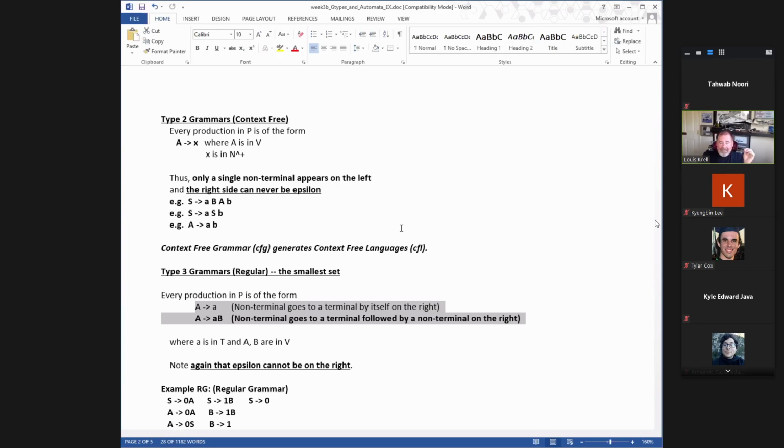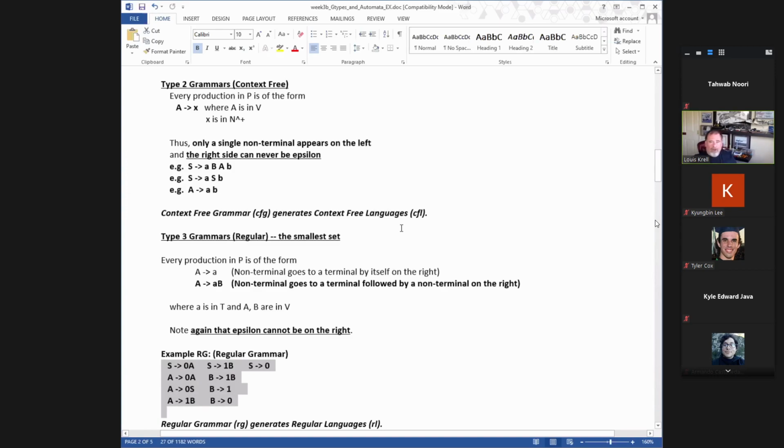And again, epsilon will not be on the right. So some examples of regular grammars are simply, again, a single non-terminal. Here you see S or A or B, either going to a single character like a 0 or a 1, or going to a 0 or a 1 and then being followed by another non-terminal. And regular grammars generate regular languages.